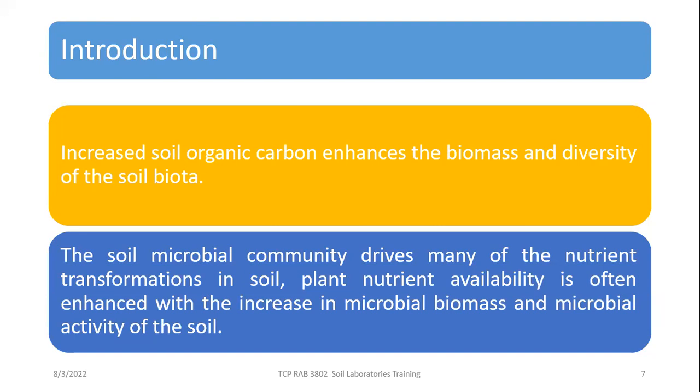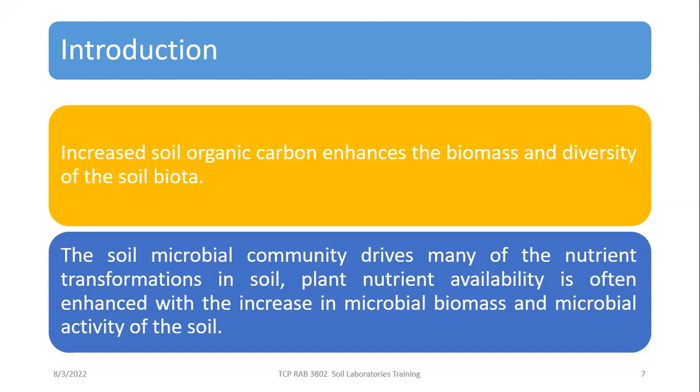And in some cases, the availability of some nutrients will be improved by adding soil organic matter, because at the end, the soil organic matter will change to humic acid, which will make some changes and modification of soil pH.